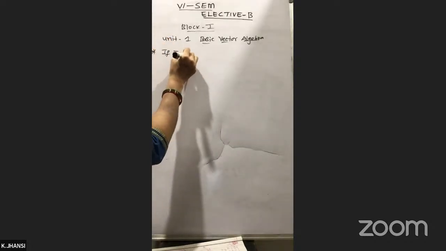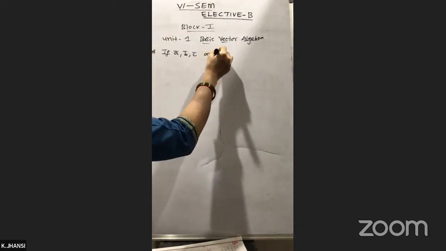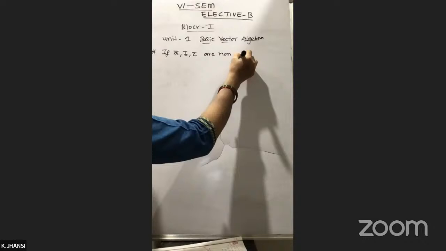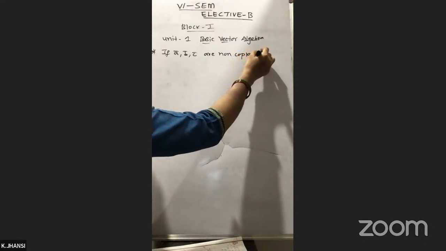So the problem is, if a, b, c are non-coplanar, this is the MEQ question, that is a model examination question. After the completion of the unit, you will have this one.